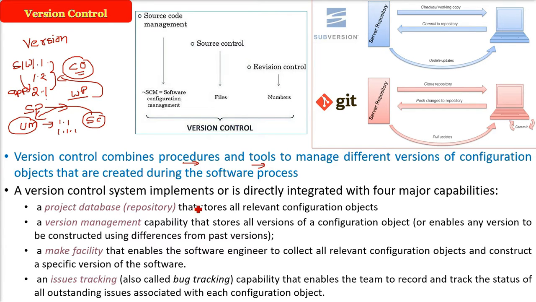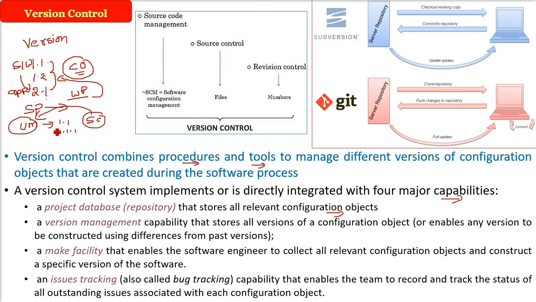So a version control system is directly integrated with 4 major functionalities or capabilities. Any kind of version control system under SCM. What are these? The first one is the database, which we call the project database or repository. Here we put or store all the relevant, interrelated configuration objects.